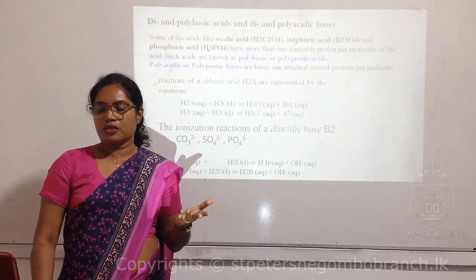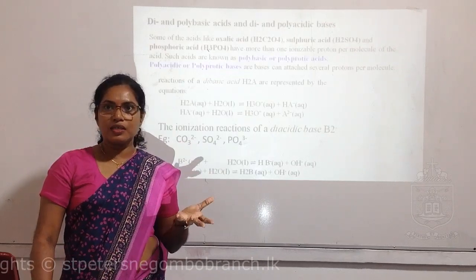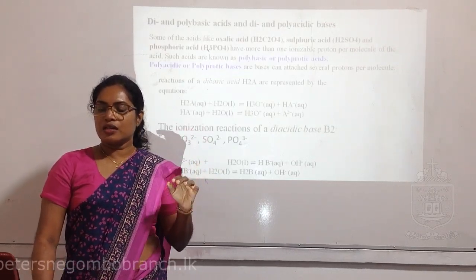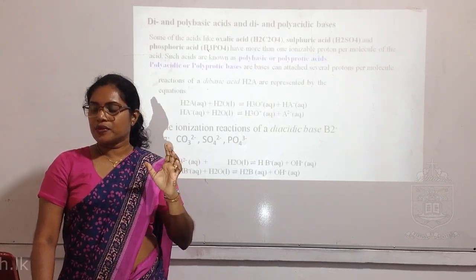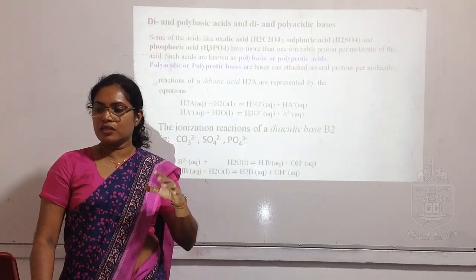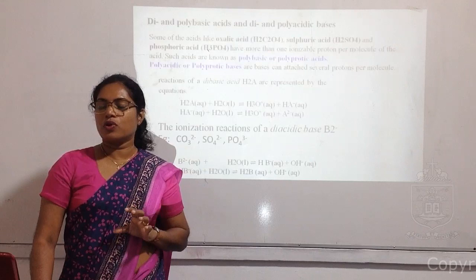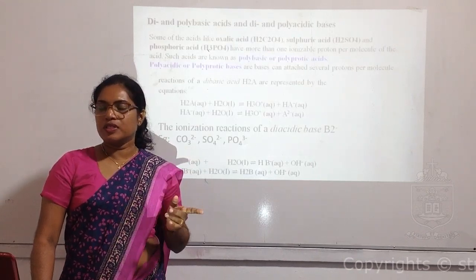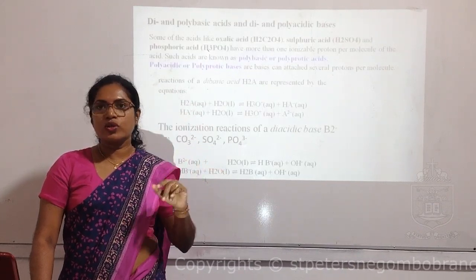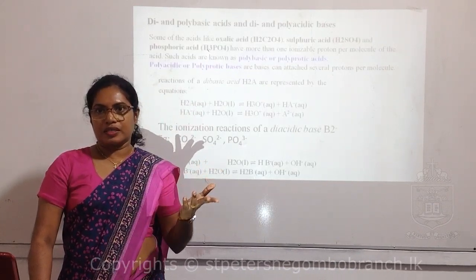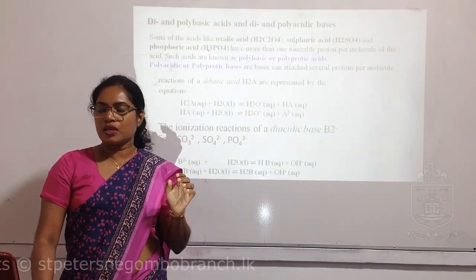If we take oxalic acid, sulfuric acid, phosphoric acid, all these acids are polybasic acids because these acids have more than one ionizable proton per molecule. If we take sulfuric acid, it can produce 2 H plus ions. So that's why we call them polybasic acids.